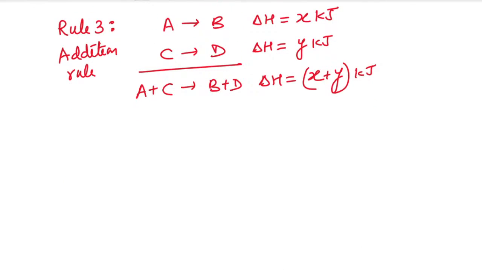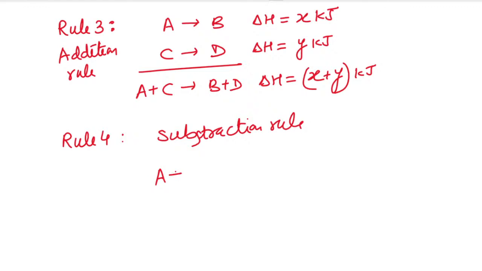Now rule 4, the subtraction rule. In the subtraction rule, if we have A plus D to B plus C, that means we have written the second equation in reverse order. That is subtraction. So delta H becomes X minus Y kilojoule.